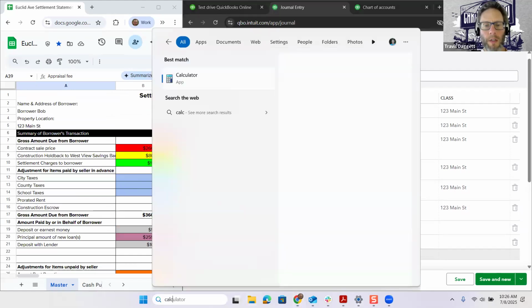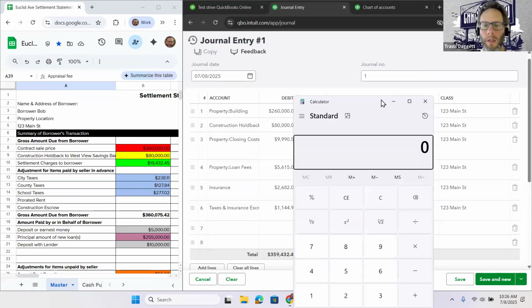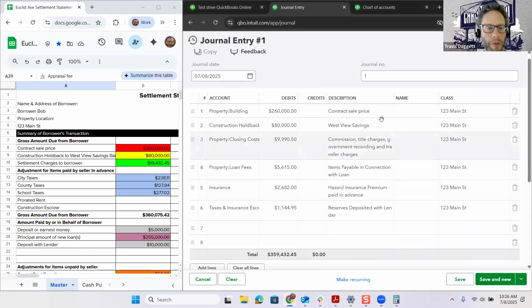Let's see if that does. So we have 99.05 plus 5615 plus 2682 plus 1144. Yep, perfect. So now we've accounted for everything that makes up those settlement charges.